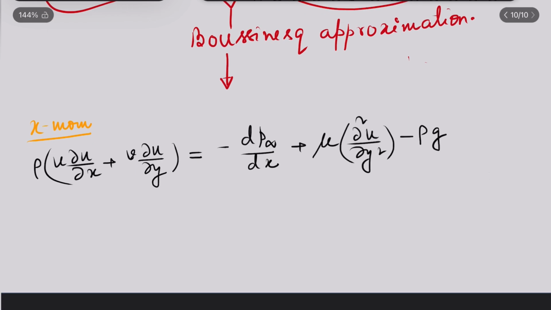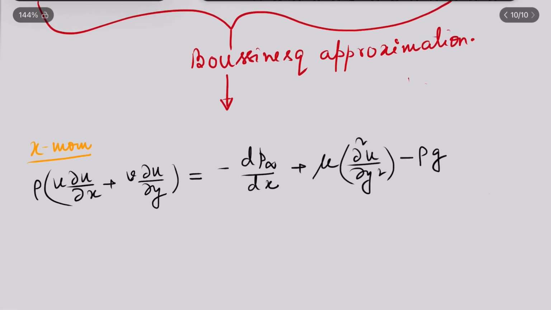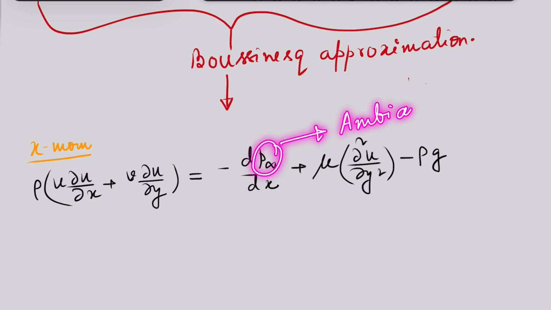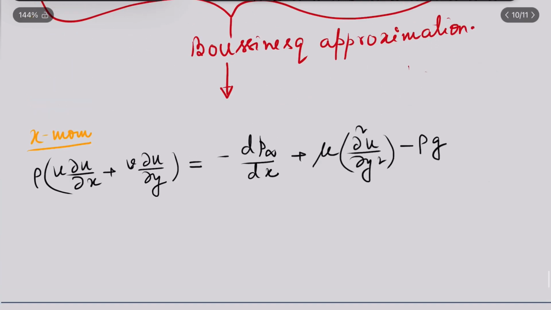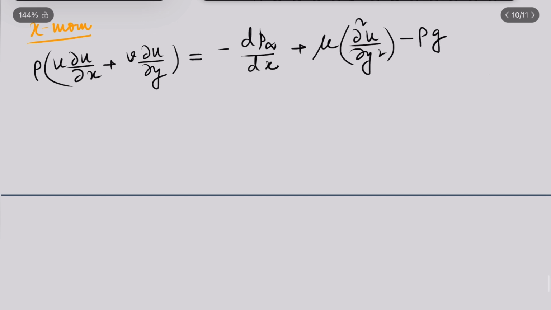Clear? So now what we will do is, firstly we know what our dp infinity by dx is. P infinity is the ambient pressure, right? Now, is the ambient fluid moving by any means? No, right?